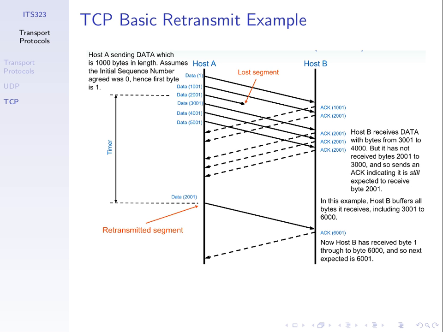So from B's perspective, it has now received all 6,000 bytes and just waits for more data to come. Because it stored these 3 segments in memory, once it received the one that was missing, it now has 6 in order and can move on to waiting for the next piece of data to arrive.